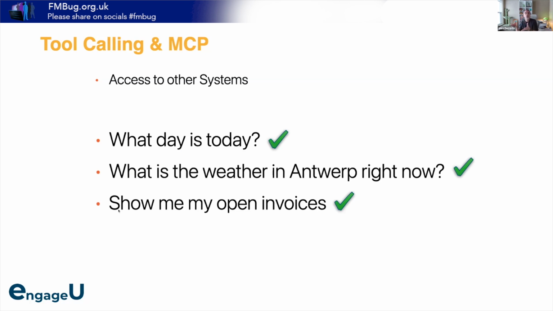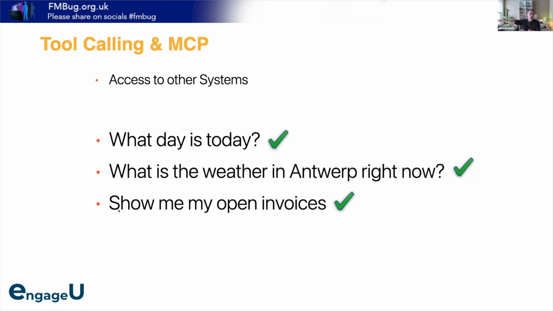I can create a tool, which is probably going to be a script on the FileMaker side, to say, find open invoices. That script will become a tool that is available on the MCP server, so that when the user types in, I want to know how many invoices I currently have open, the AI application will know what tools it has available, will interpret the question as a good fit for calling this tool, and will call the MCP server to say, of these tools that you have, run this one.